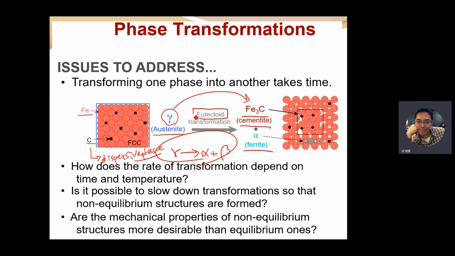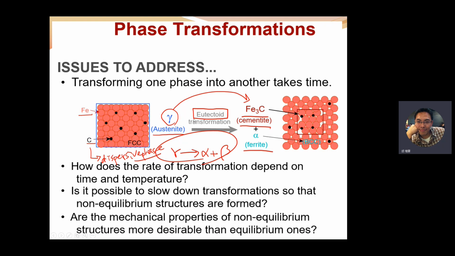Therefore, in this chapter, the issues to address are the transformation mechanism, how one phase transforms into another, how long it's going to take, and how the rate of the transformation depends on time and temperature.